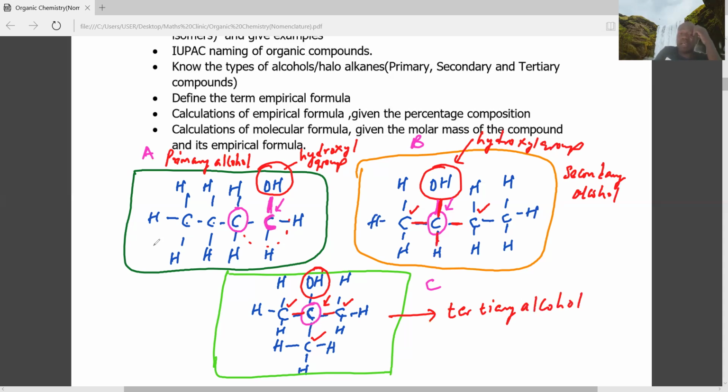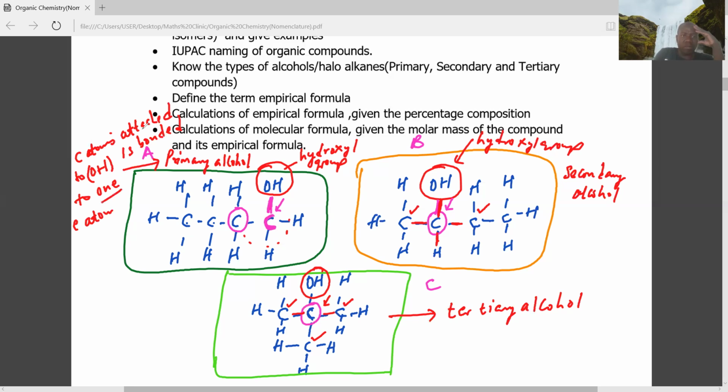So what is a primary alcohol? A primary alcohol is an alcohol in which the carbon atom attached to OH, which you call the hydroxyl group, is bonded to one carbon atom.